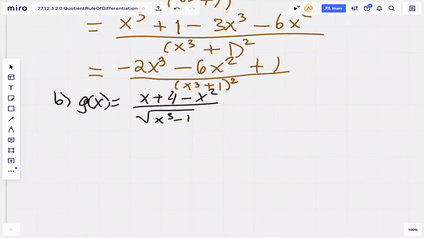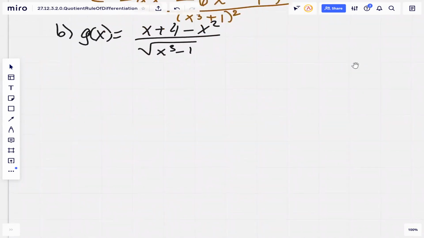Okay, let's try a couple more. So our next function g of x is x plus 4 minus x squared, all over the square root of x cubed minus 1. All right, so let's call the top function f and the bottom function h, and we're going to take the derivative.